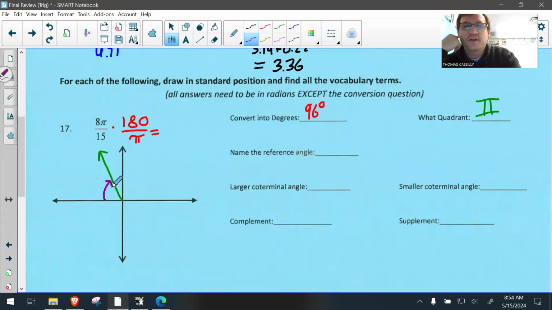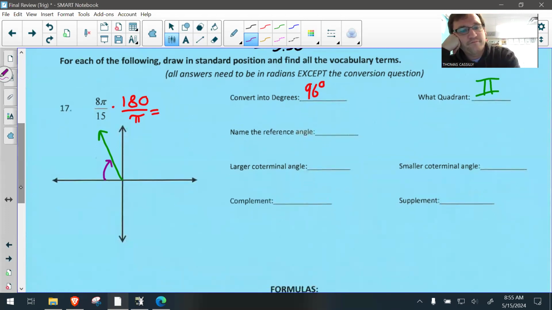So now you could get the degree first and turn it into a radian, or you could just think about, all right, we need to get to pi. So we have to just think, all right, 8 pi over 15 plus some number, some pi over 15, right?